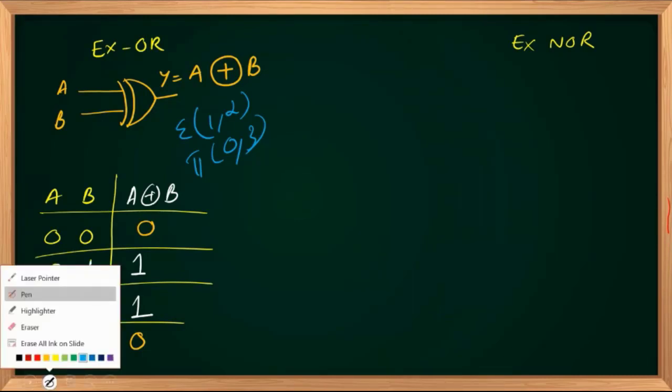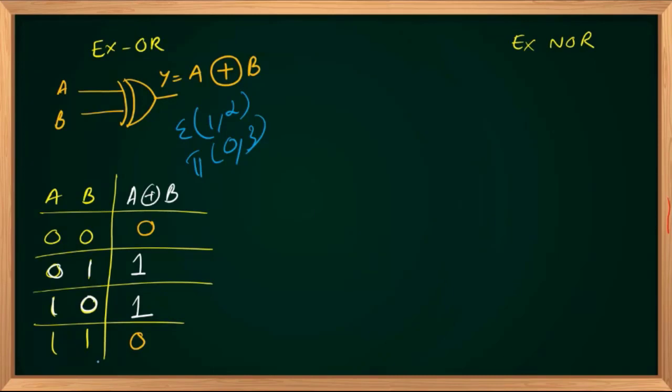So how to write the logic expression? Look at the truth table. I am having a one here. I am having another one here. And the minterms are 0, 1, 1, 0, that is 1 and 2. Minterm 1 is corresponding to A0, B1, so it is nothing but A bar B. And I have one more case, that is with A1, B0, that is A dot B complement, right?